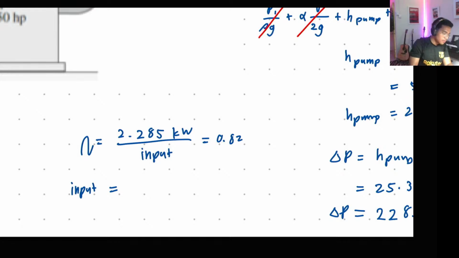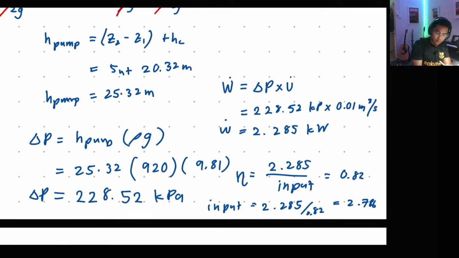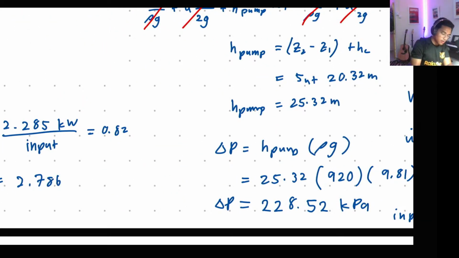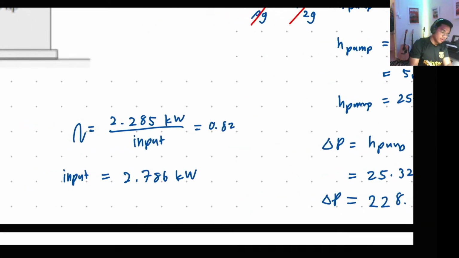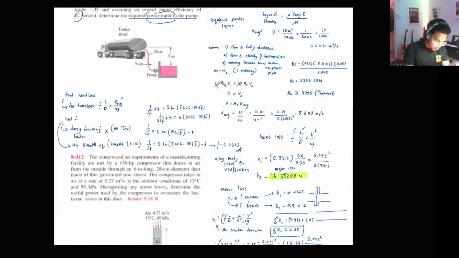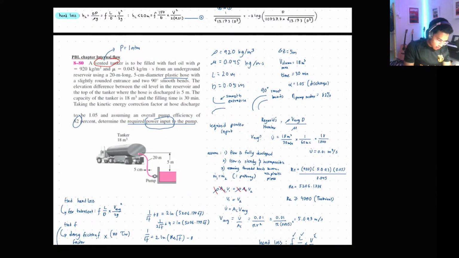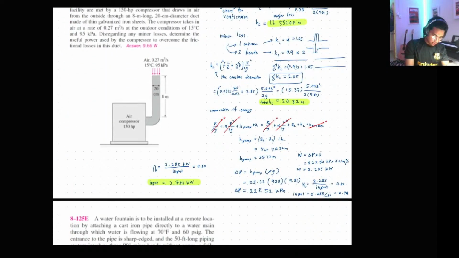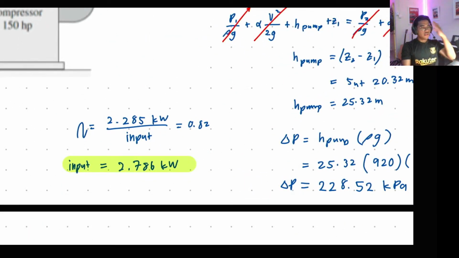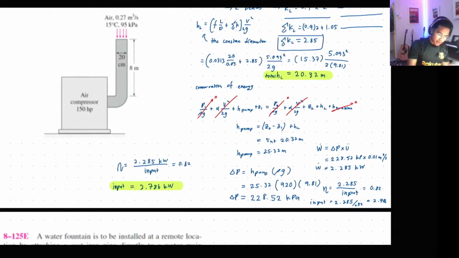Input equals to 2.786 kilowatt. Ini final answer aku. Tu je ke? So boleh ke guys? Korang dapat tak jawapan ni?